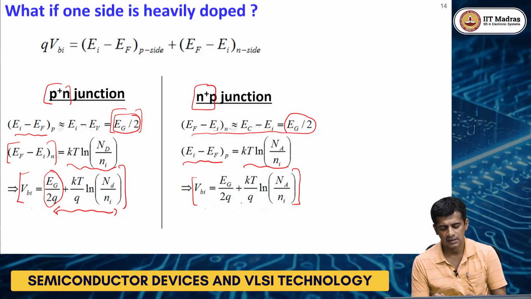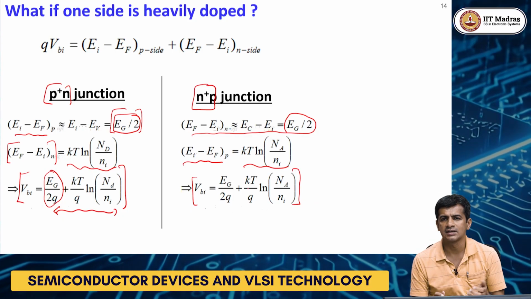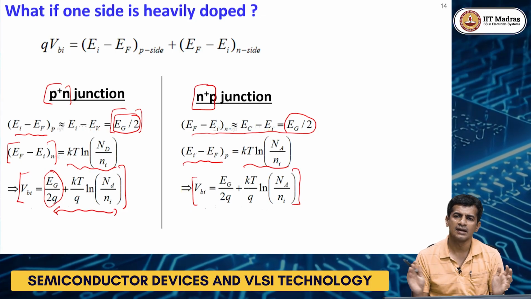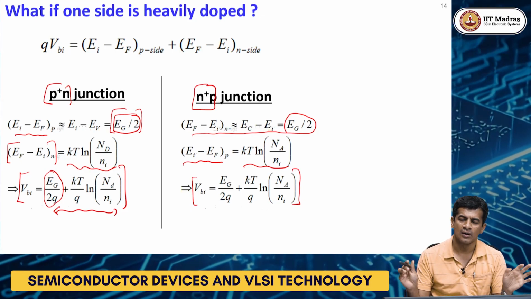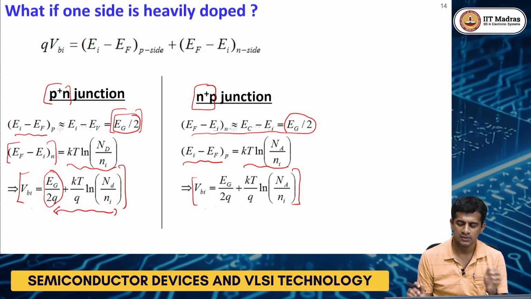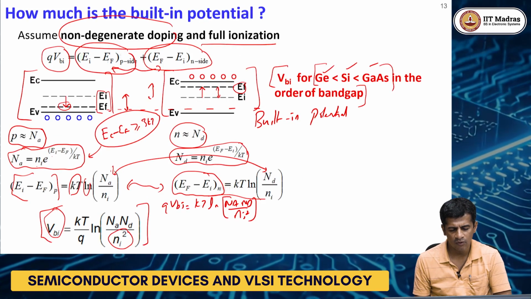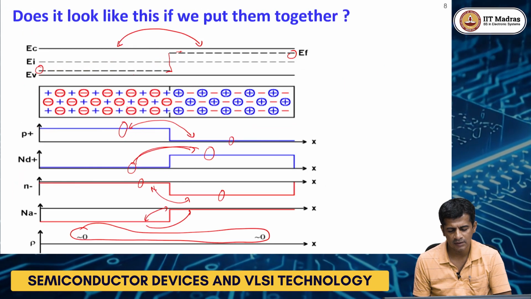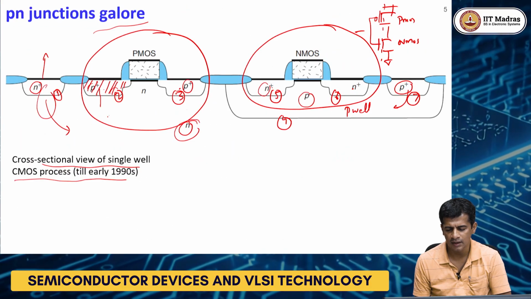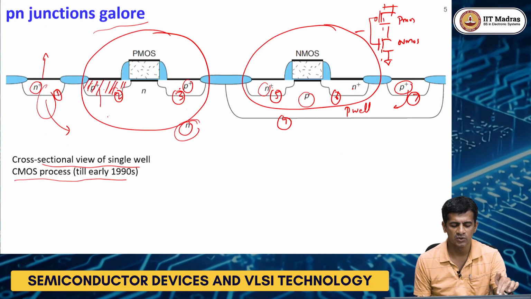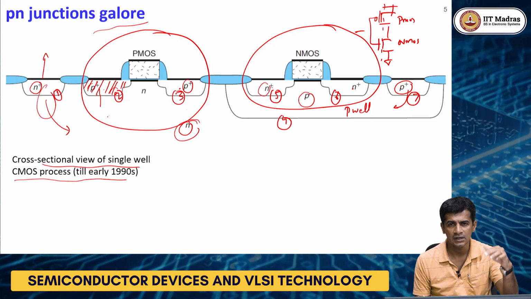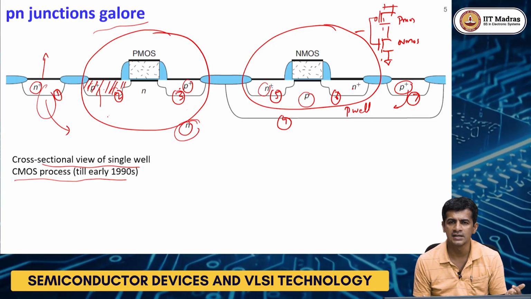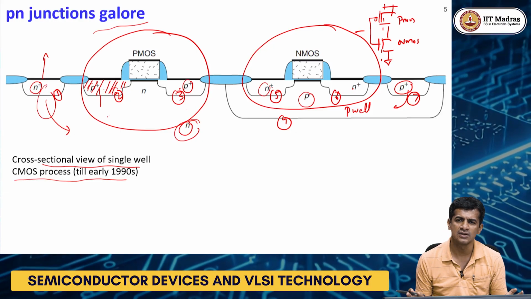This type of doping is much more technologically relevant compared to equal, light doping on both sides. If you go back here, as I mentioned, one side is heavily doped, but there is one place where you see lightly doped junctions on either side.